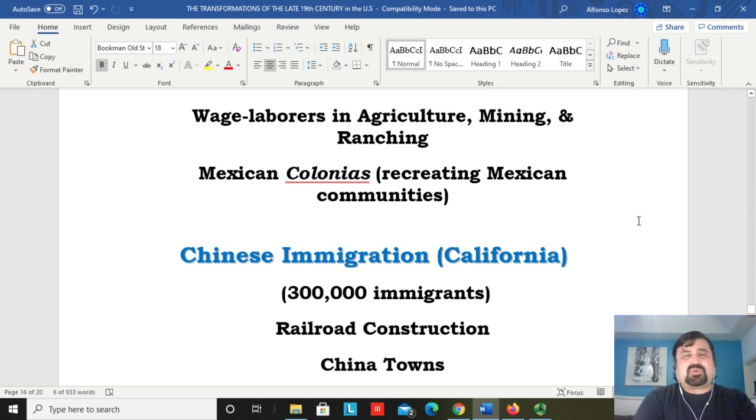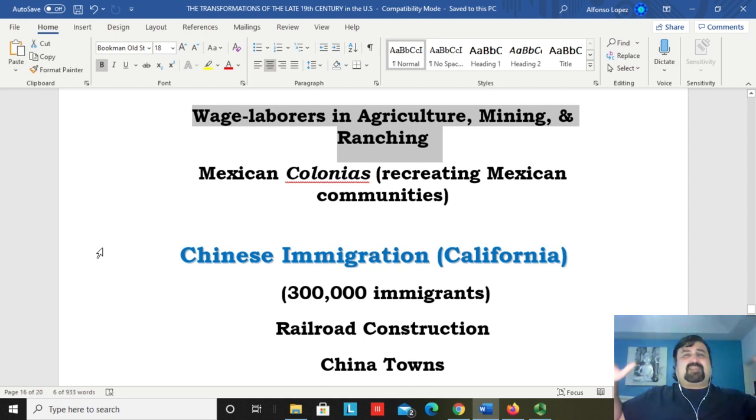So at any rate, in terms of the type of activities, once again, it is agriculture, mining, and ranching. They're going to be employed there and paid wages. They're wage laborers inside of those particular enterprises.